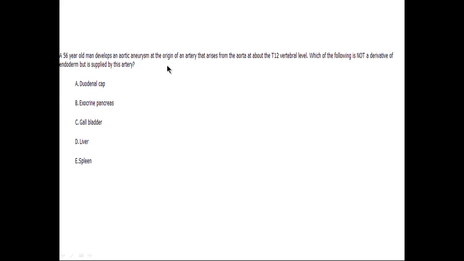And it's supplied by something around the celiac axis. What's by the celiac axis? We have hepatic, we have splenic arteries and gastric arteries. And I believe that the spleen is mesodermal. It's full of blood. It eats up blood. So the correct answer is spleen. The spleen is mesodermal and it's supplied by the splenic artery.